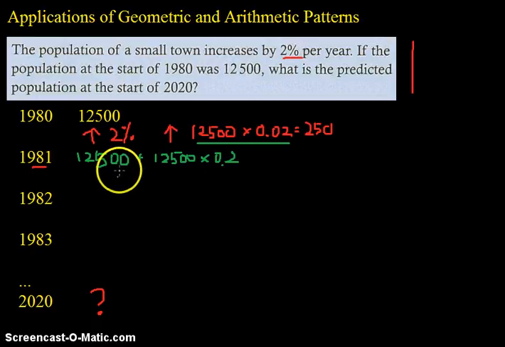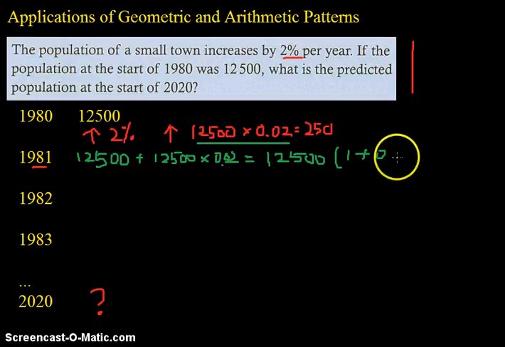Okay, and I can simplify this, right? I can factor out the 12500, so that gives me 12500 times (1 plus 0.02). That's the 0 there, 0.02.